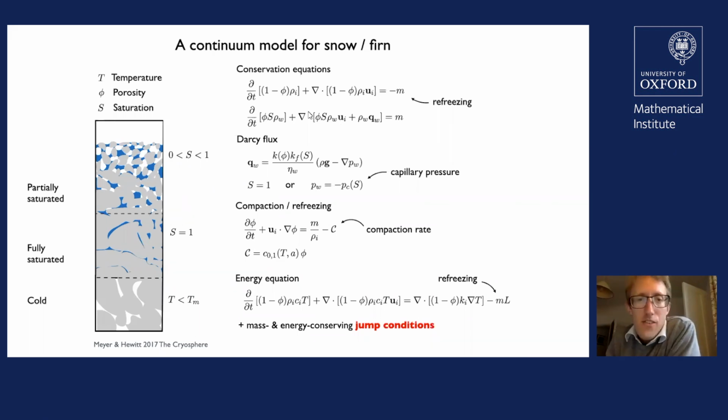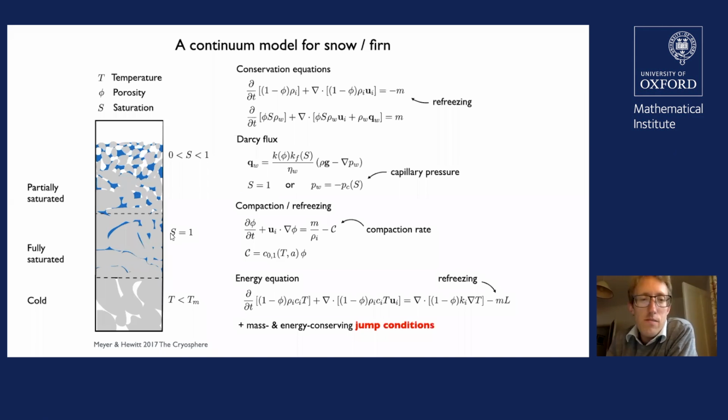So there's quite a lot of complications that are going on, but the basic structure of the equations is that we just write down conservation of ice and of water, in which there are some source terms which reflect the fact that the water can freeze and turn into ice. And then we had to write down Darcy's law for the flow of the water, which is driven by gravity and by capillary pressure gradients.